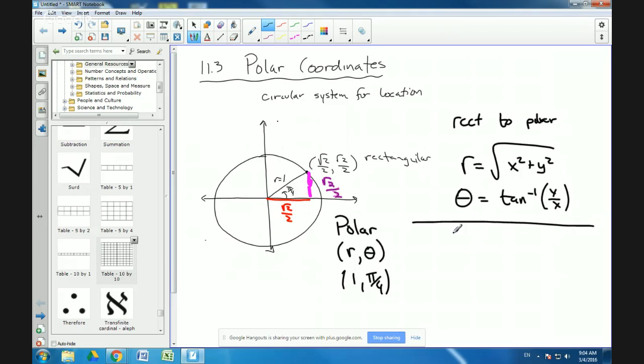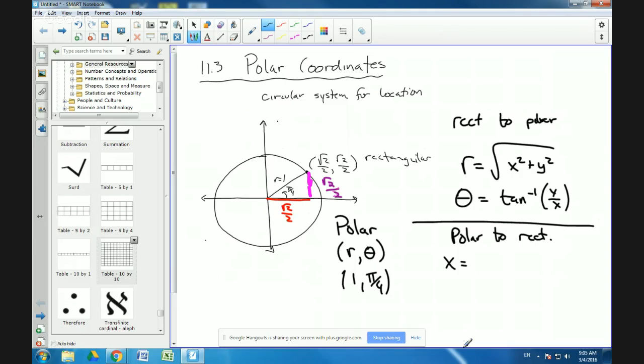Okay, how about polar to rectangular? The exact opposite. How do I get x? I'm given the angle and the radius, so I have to use those. I want the x value. Sine or cosine?